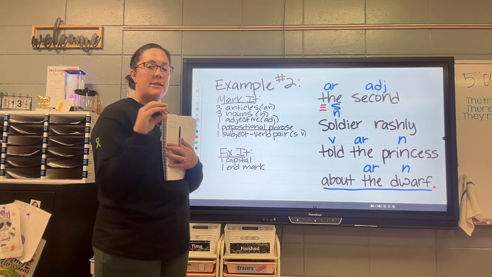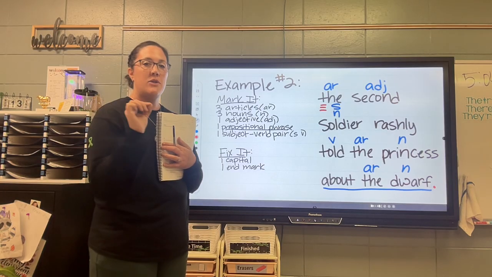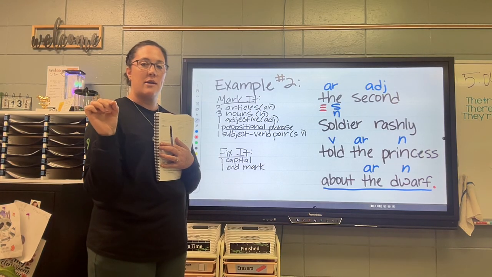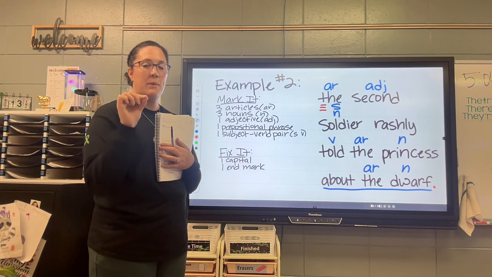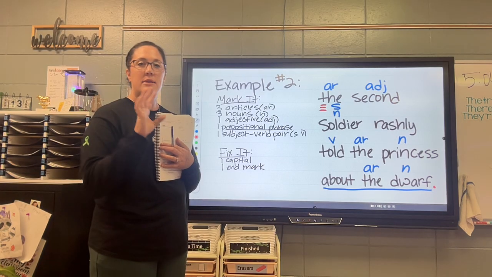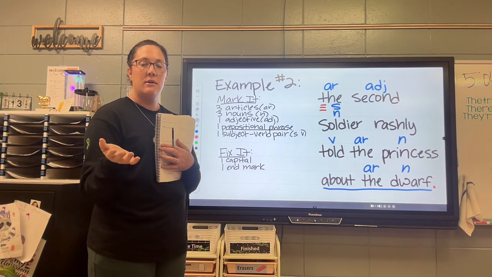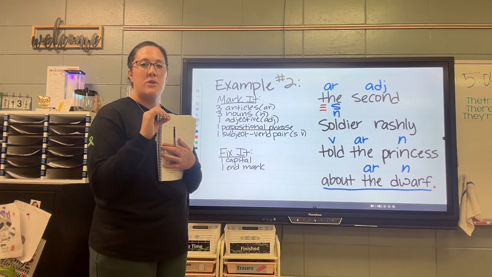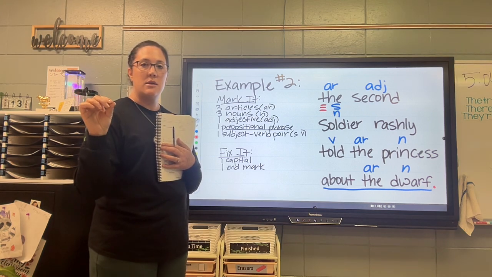I want you to write a sentence, and then I want you to underline the prepositional phrase and circle the preposition. So create a sentence, it can be whatever you like. And in that, I want you to underline the prepositional phrase and then circle the preposition.